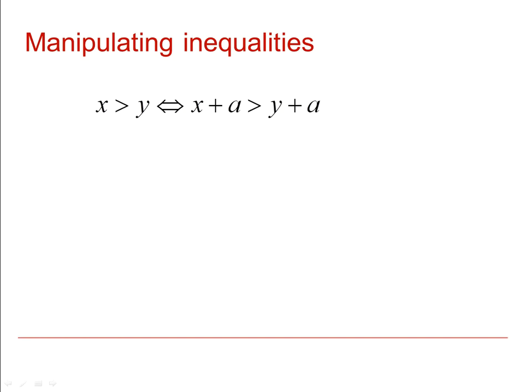So if we add the same value to x or to y, then the inequality is still true, and a can be positive or negative. We can multiply by p as long as p is positive, then the inequality stays the same.